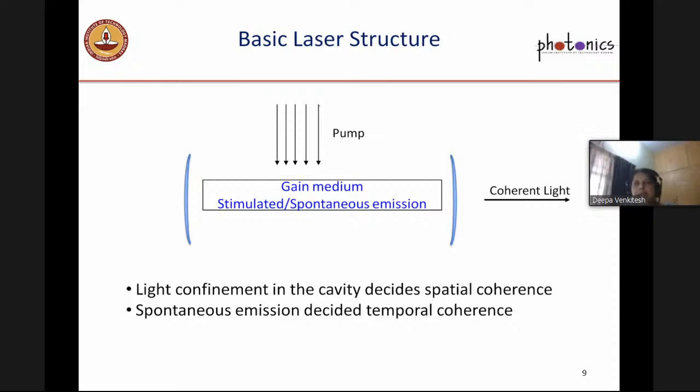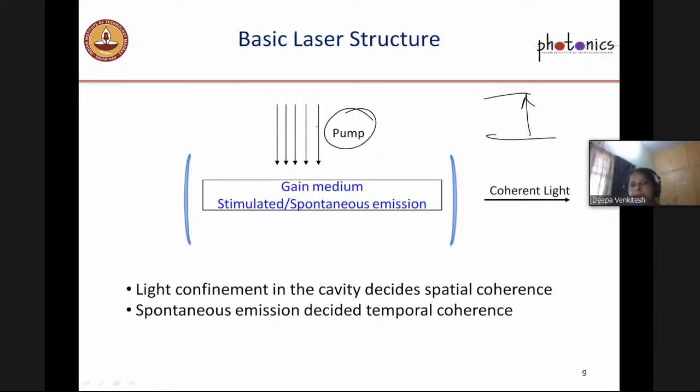So how do you make a laser? You pick up a gain medium which has the capability of stimulated emission. You pump it so that you can excite the ions to the excited state. This pump could be an optical pump in an optically pumped laser, or an electrical pump in a semiconductor laser, and so on. For example, in a ruby laser, it is a flash pump.